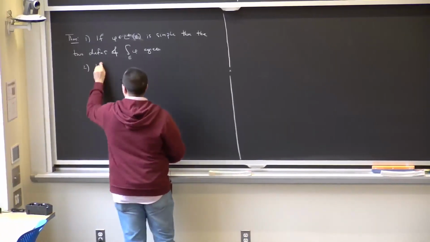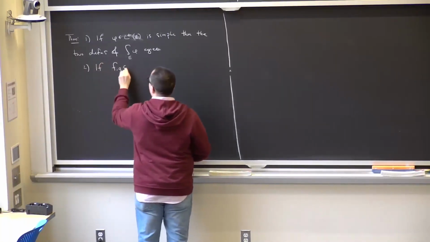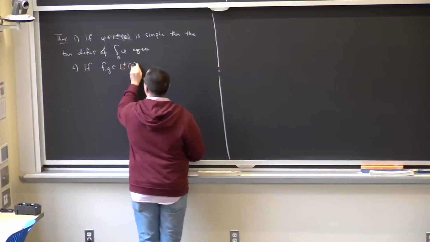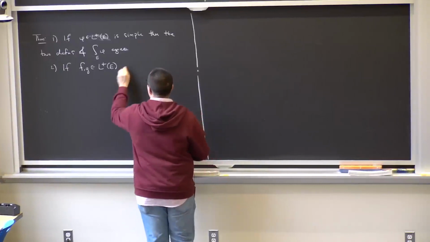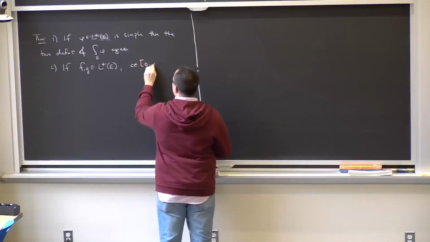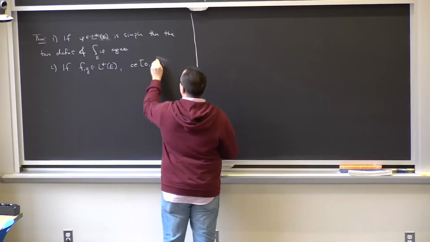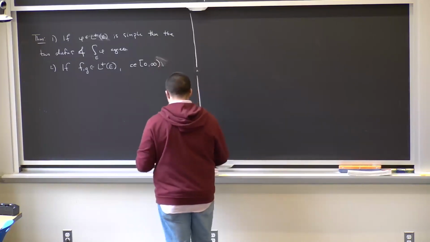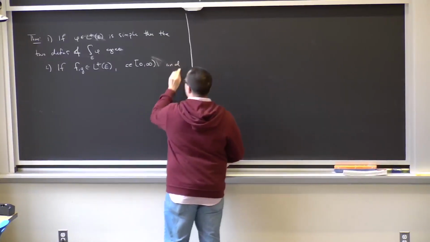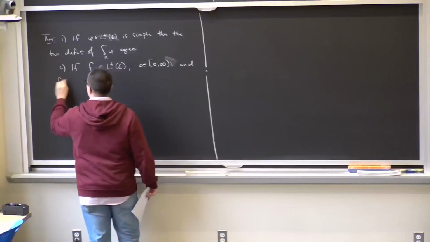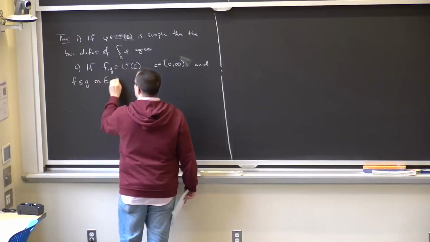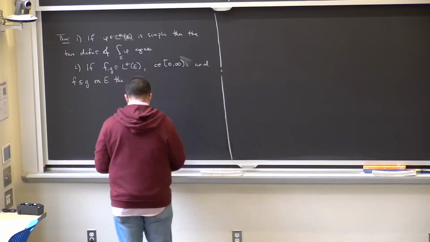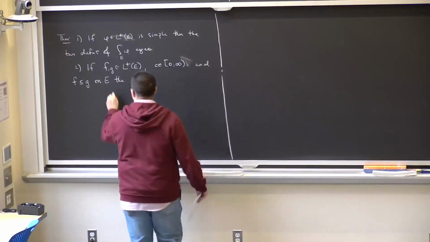2: f and g are in L plus of E, c is a non-negative real number, and f is less than or equal to g on E, then a couple of things.